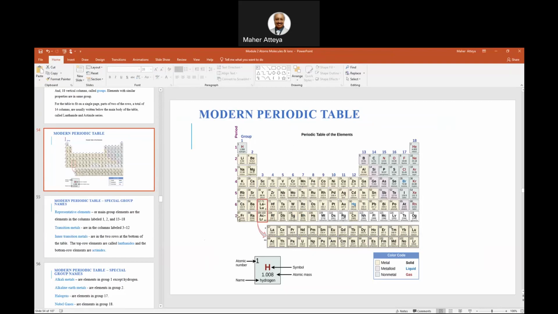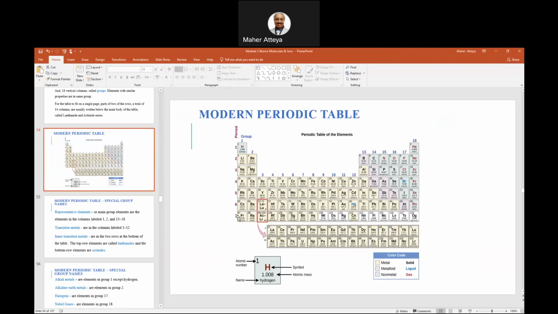But the whole idea, if you are asked in the quiz or in the final exam, what is the basis of arranging all those elements in the periodic table? How could we align all those elements, one after the other? What's the basis for that?